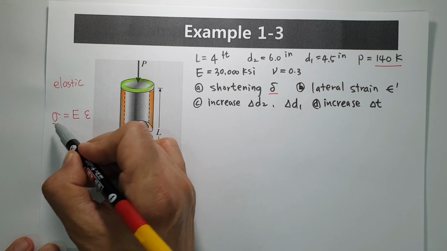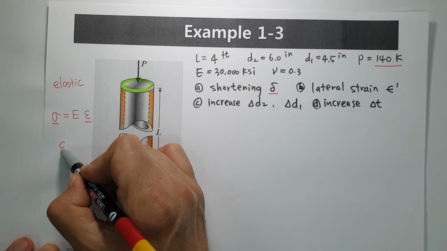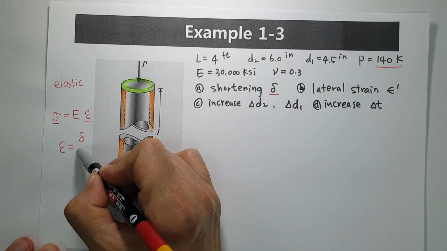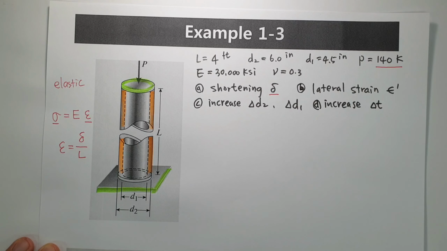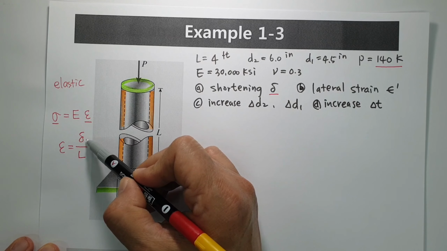This one is sigma, and this is strain, and strain epsilon is normally given by the change of length divided by the original length. Then we can have some clue. If you calculate the epsilon value, then you can find the delta value.